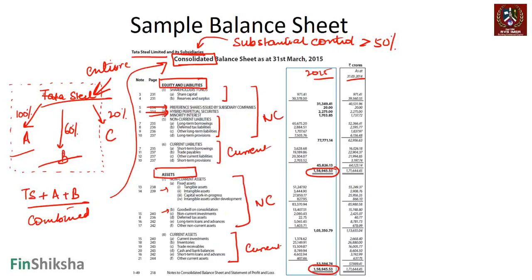The independent considerations of these items we will look at individually in subsequent sections where we start looking at them one by one. We'll start probably with current assets, go to current liabilities, then non-current assets and non-current liabilities one by one, and we'll try and decode all those as we go along, right?